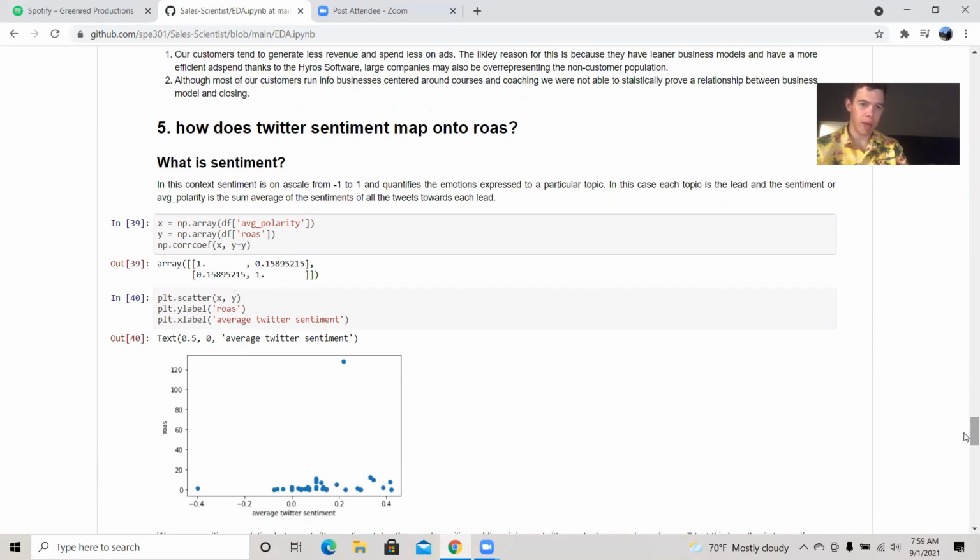Negative meaning bad, positive meaning good.